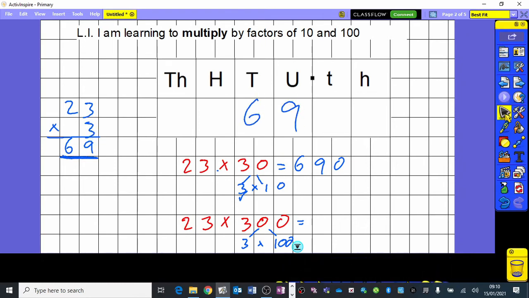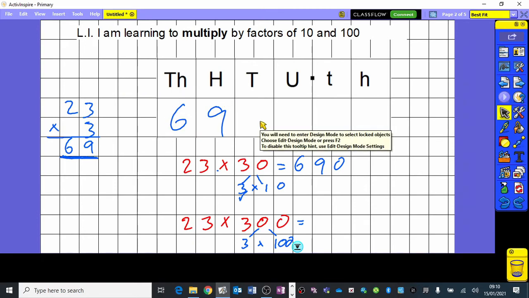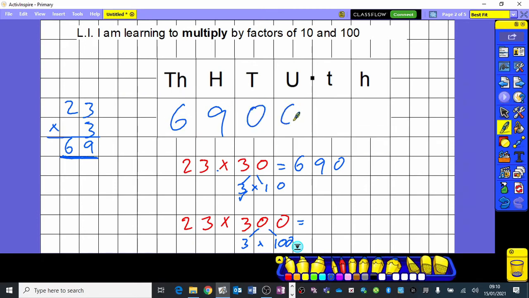But now we're going to make our answer 100 times bigger. That means we move it up 2 places. And so our answer, in this case, is going to be 6,900. So this basically uses the concept of partitioning. We are partitioning the bigger numbers into two more manageable, smaller numbers.